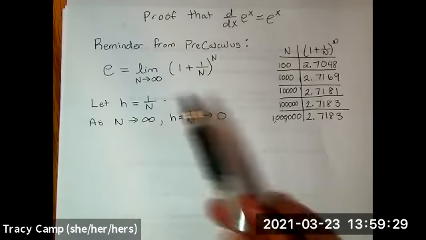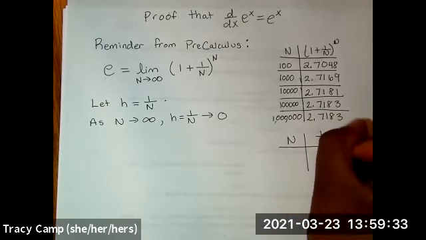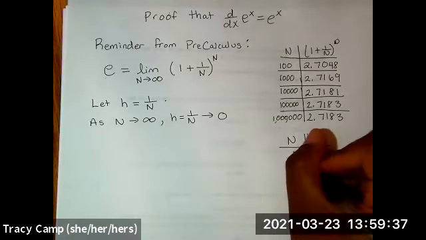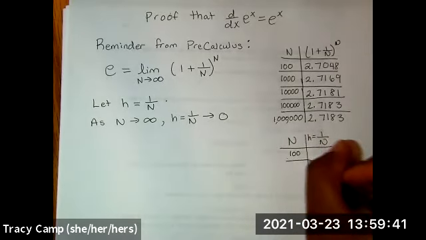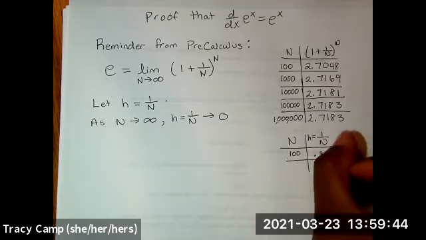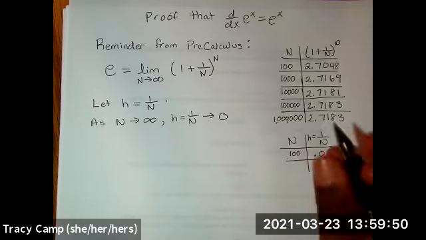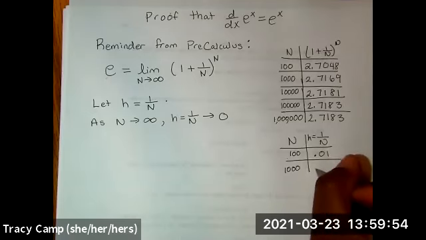If we let n get larger and larger, like if n is 100, for example, 1 over n is 0.01. If n is 1,000, 1 over 1,000 is 0.001.